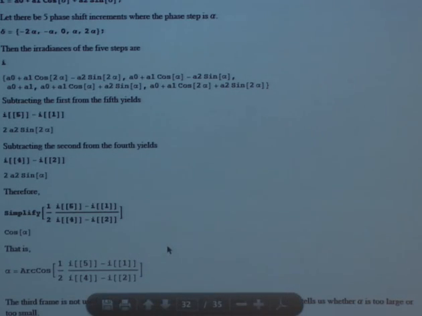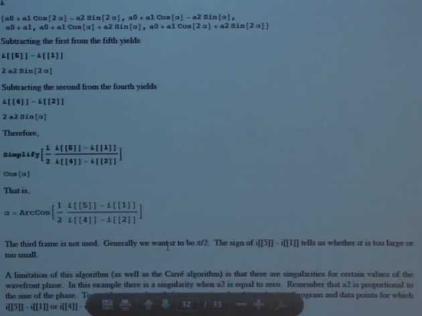So that would be our expression here. Now the sign of what we have up here tells us whether alpha is too large or too small, so we know which way we have to change it.